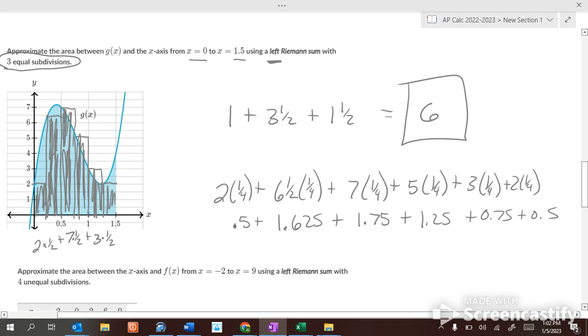So if we add these up, 0.5 and 0.5 make 1. These add up to 2, so we're at 3. So 3, 4, 5, and then add these two together.